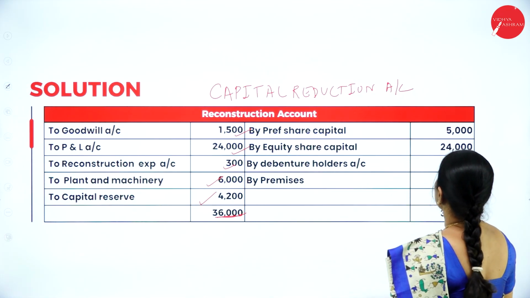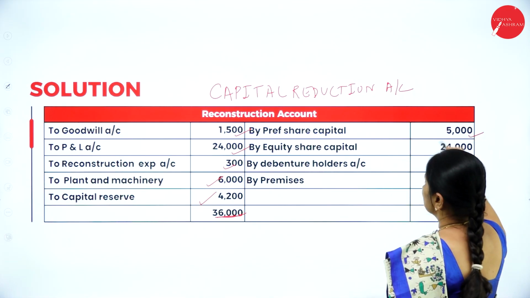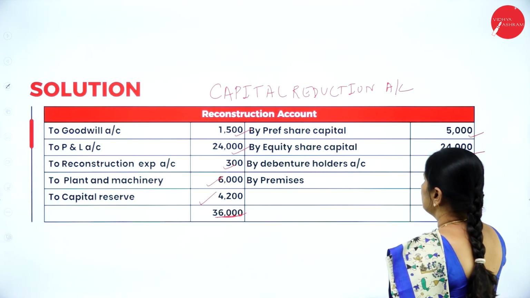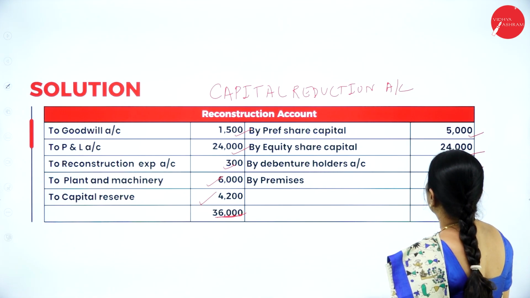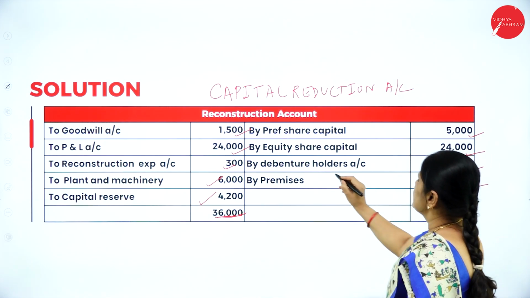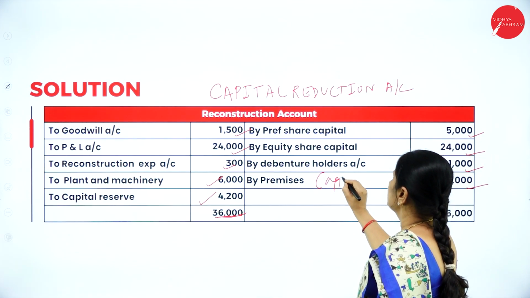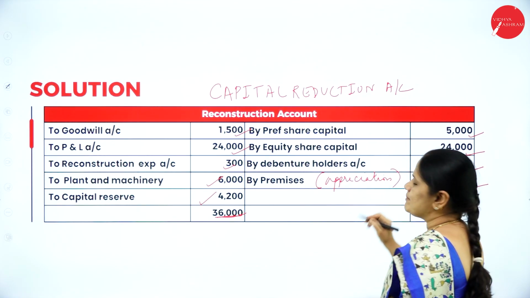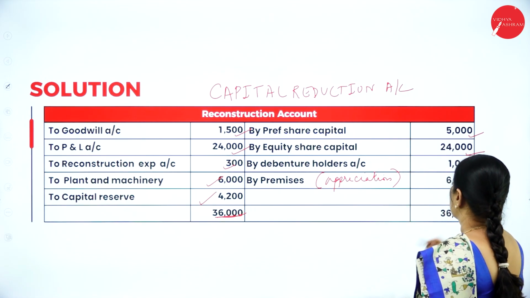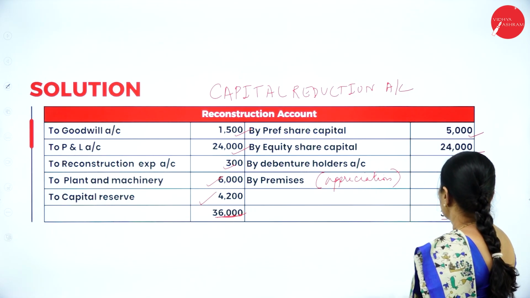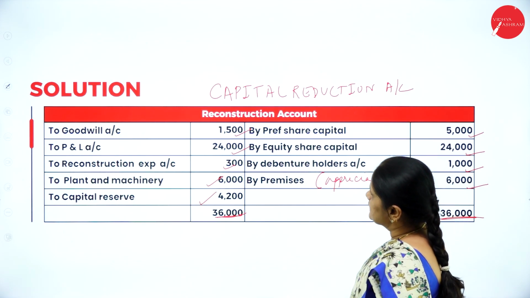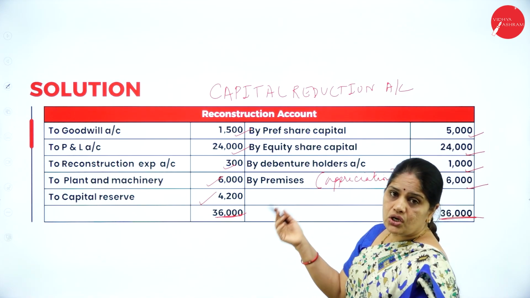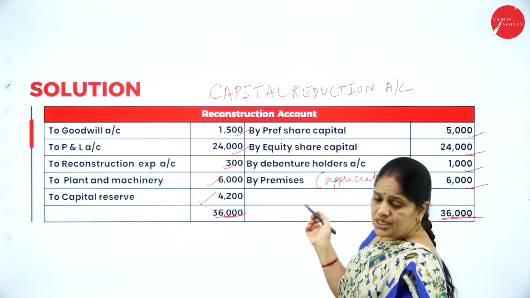Now on the credit side, we have from the preference share capital 5,000, from equity share capital 24,000, from the debentures 1,000, and from premises, this is appreciation in the value of premises, which is to be credited to reconstruction account 6,000. So the total is 36,000. So this is the capital reduction account, or you can also call it the reconstruction account.